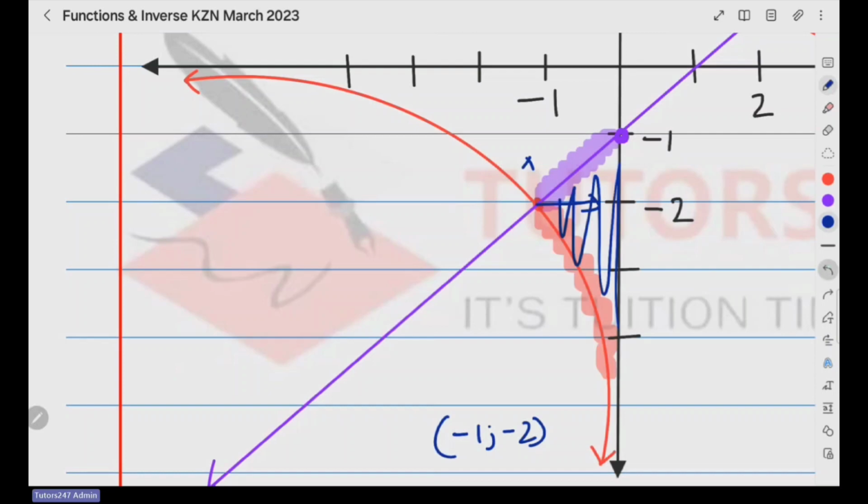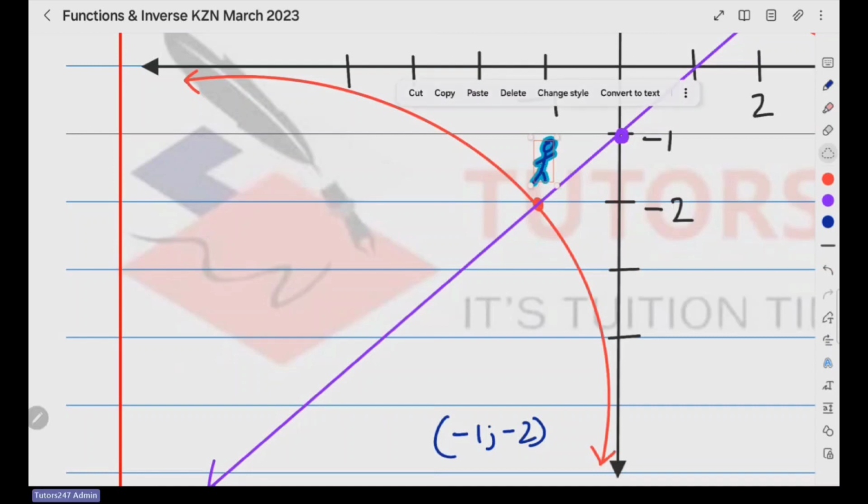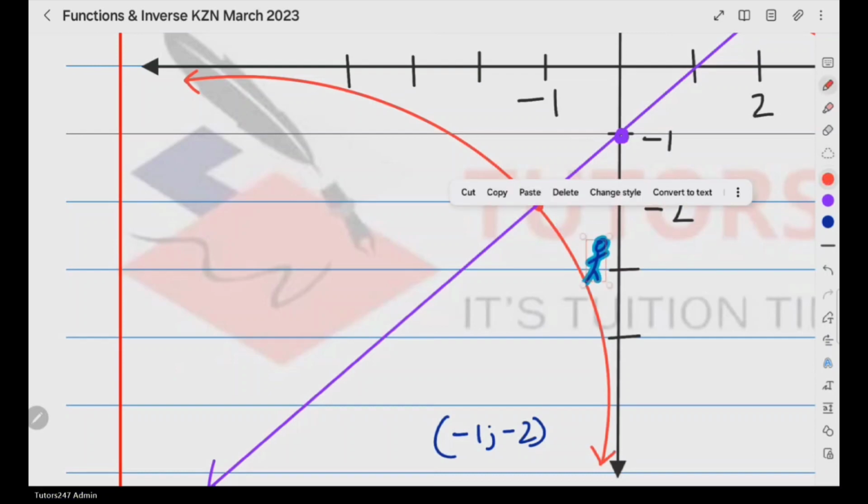Another way of thinking about this is, if you were standing at this point and you were to walk on the red function, picture the red function as your road. So as you're walking to the right, to the right, to the right, do you see now if you look up, the purple function is above you.